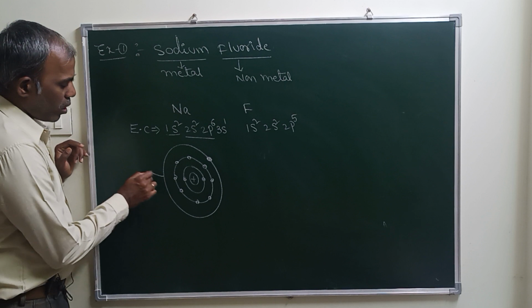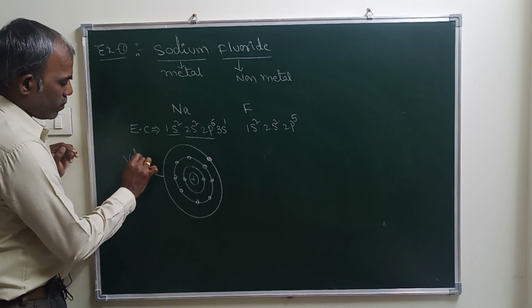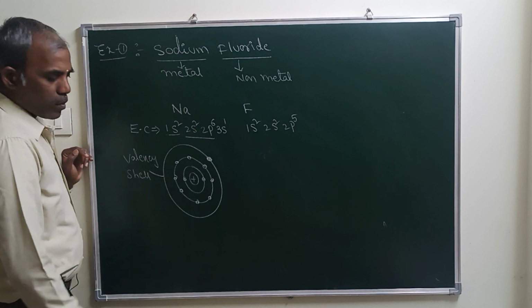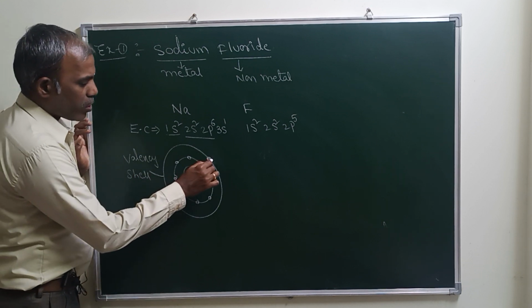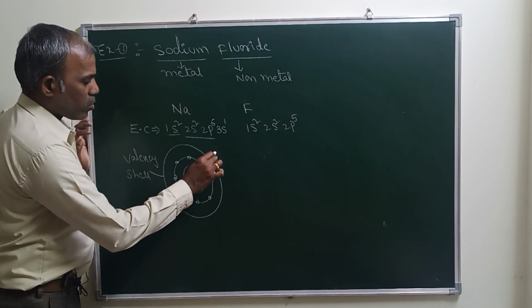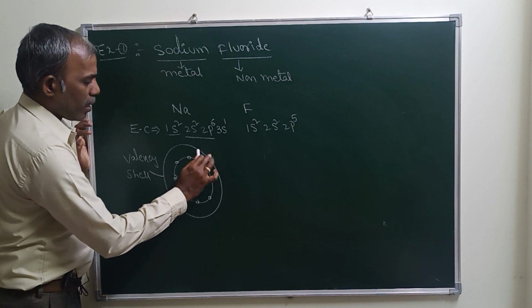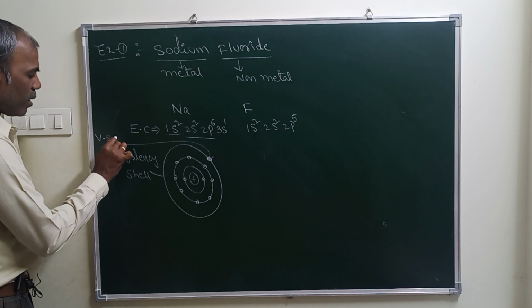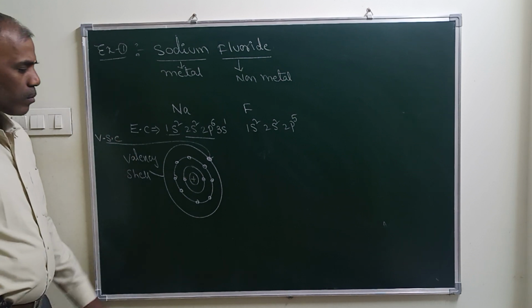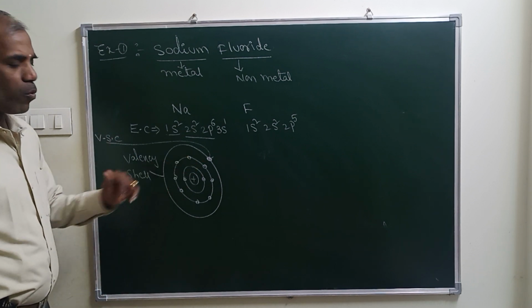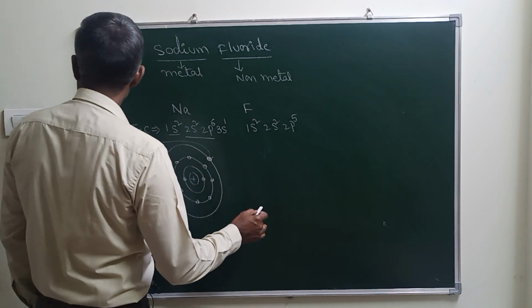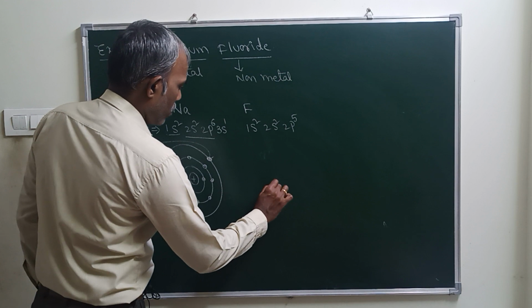This shell is called the valence shell, and the electron present in the valence shell is called a valence shell electron. How many valence shell electrons? Only 1.